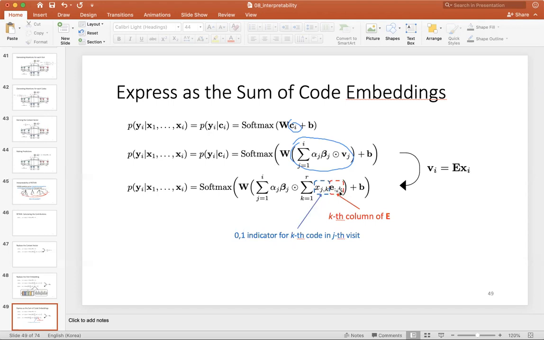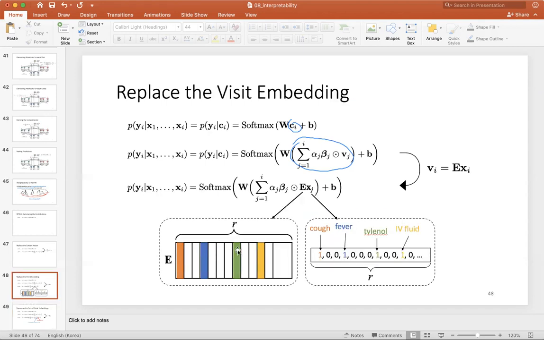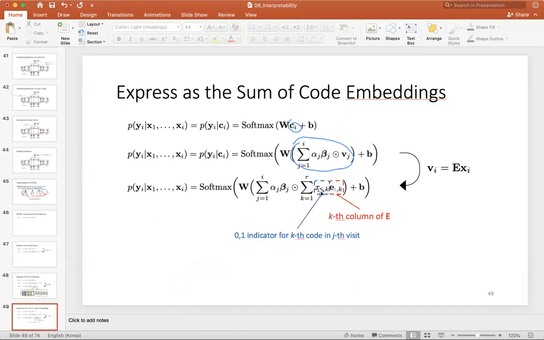So this will be the kth column, and the embedding matrix E will have 40,000 columns basically. You can see the relationship here, because EXJ is exactly like summing these up. I'm just rewriting this as a sum of columns. R is your number of dimensions, which would be 40,000 here.